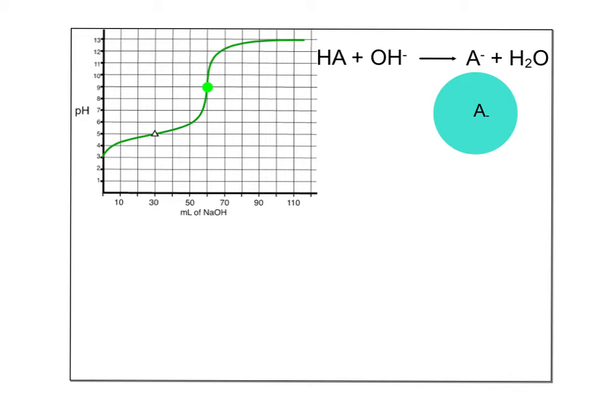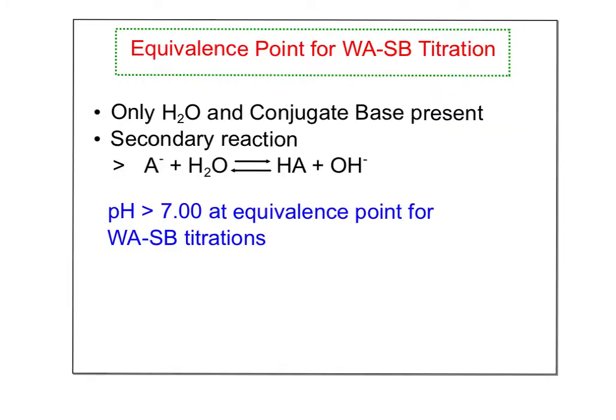So let's talk about the equivalence point. At the equivalence point, because my HA and my OH minus are fully reacted, there's only water and the conjugate base A minus present. So what happens is we have this secondary reaction of a weak base and water. This is really my Kb expression, right? Anytime you have a weak base, we put it in water.